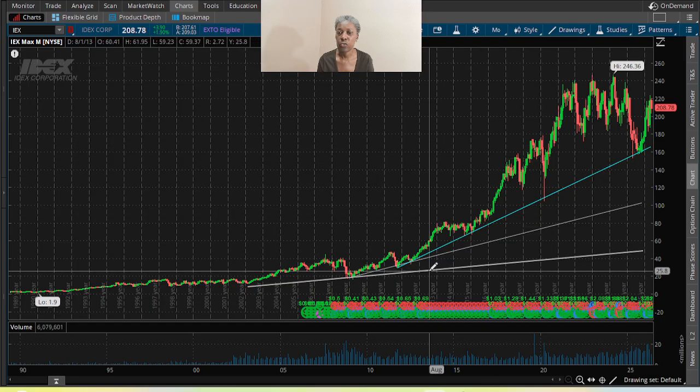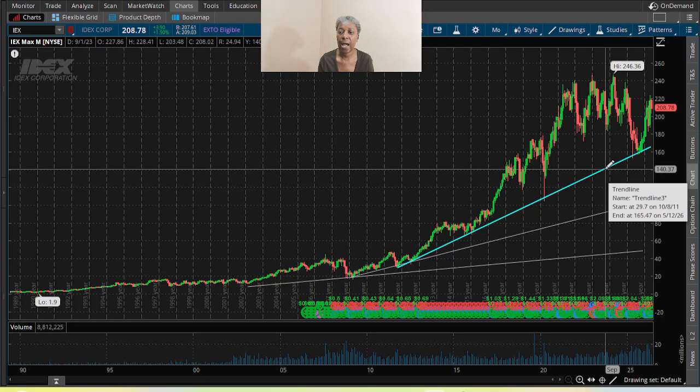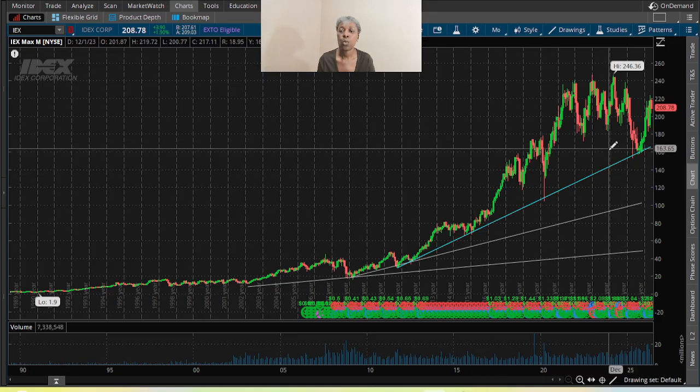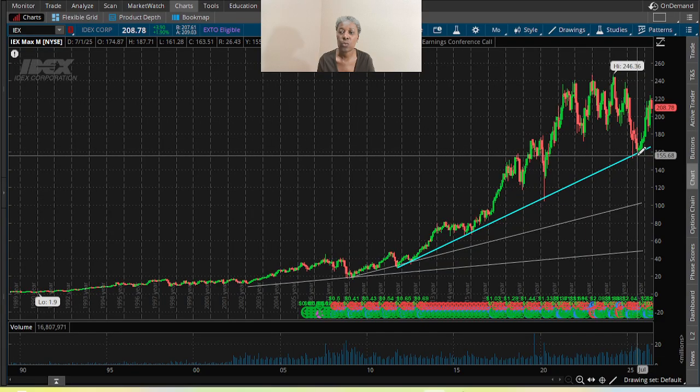I changed the color for this line because this is where I want to buy. I will choose where I'm comfortable buying the stock, and right now I chose this line. Then I will wait for the price to pull back to it and start going up from there.